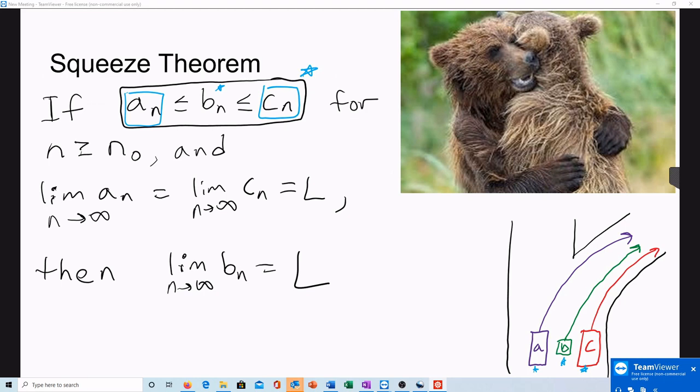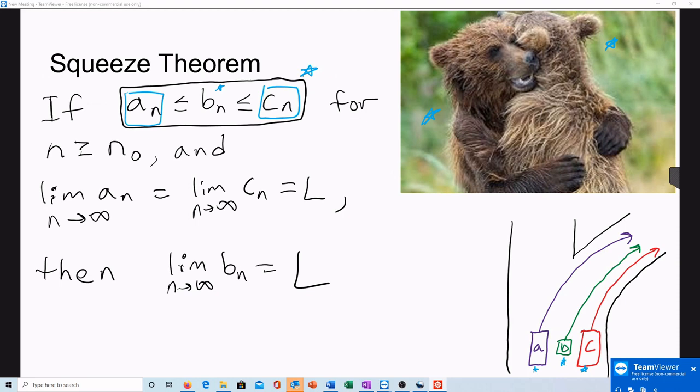So the squeeze theorem says if I have two sequences that both want to do something, then you know that the sequence in between them also has to do that thing, which is very clear based on this picture of two bears hugging. So obviously the bears hugging is what you need to remember from all this. So there's the statement of the theorem. Pretty nice thing.